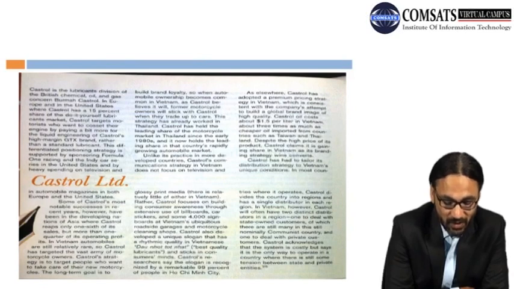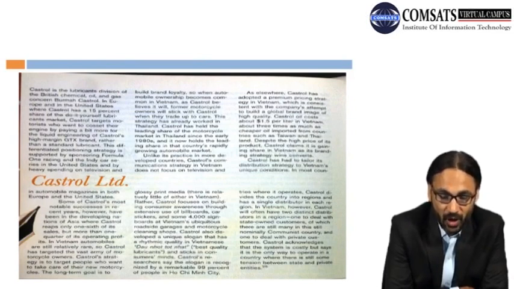Castrol's strategy is to target people who want to take care of their new motorcycles. The long-term goal is to build brand loyalty, so when automobile ownership becomes common in Vietnam, as Castrol believes it will, former motorcycle owners will stick with Castrol when they trade up to a car.